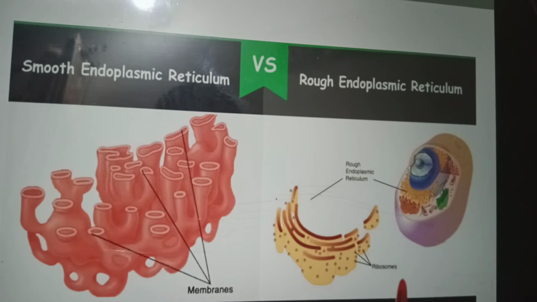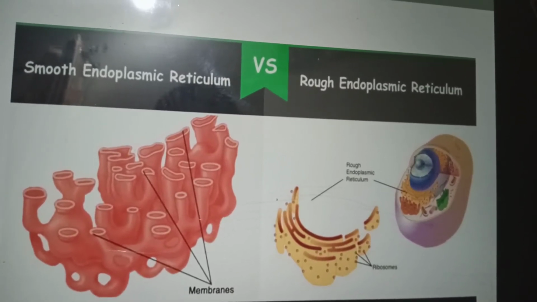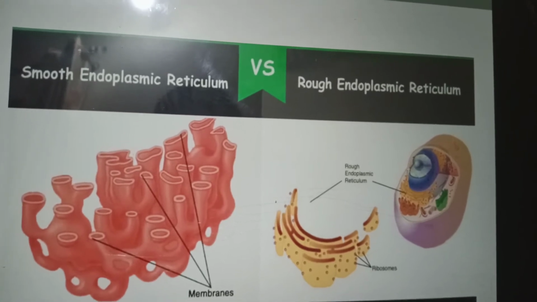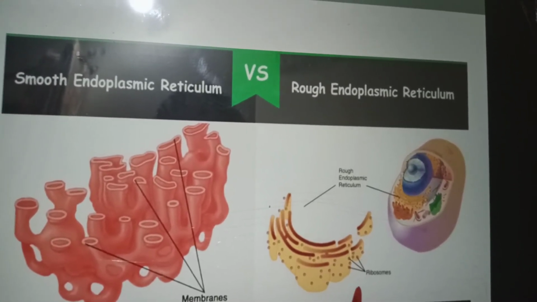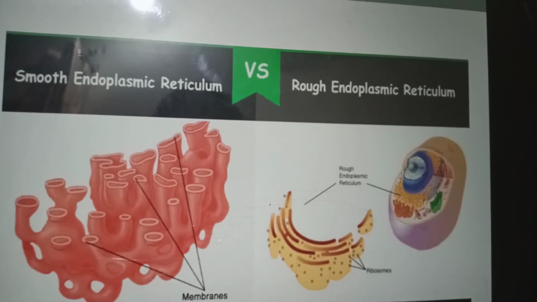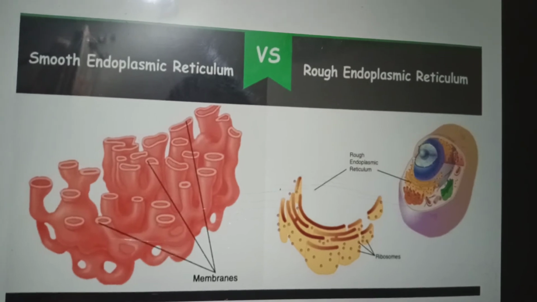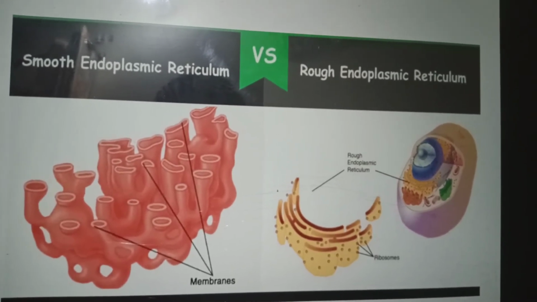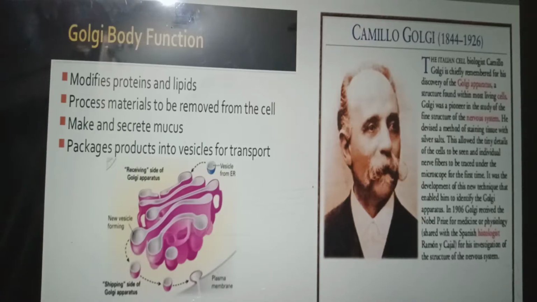Rough endoplasmic reticulum is so named because of its rough appearance due to numerous ribosomes. Here you can watch different ribosomes that are attached to it. Due to the presence of ribosomes, rough endoplasmic reticulum serves a function in protein synthesis.